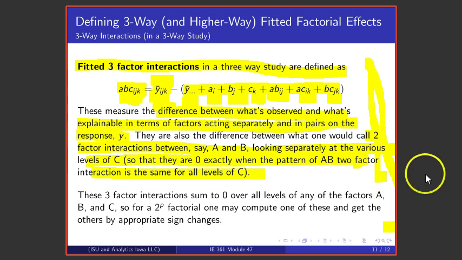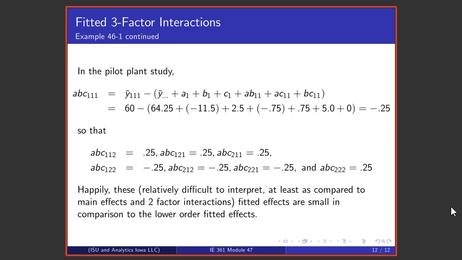Three-factor interactions sum to zero over all levels of any of the factors, so you can compute one of them and get all the rest by appropriate sign changes. So if I wanted ABC 111, I take y bar 111, subtract a grand average y bar, an A1, a B1, a C1, an AB11, an AC11, and a BC11.